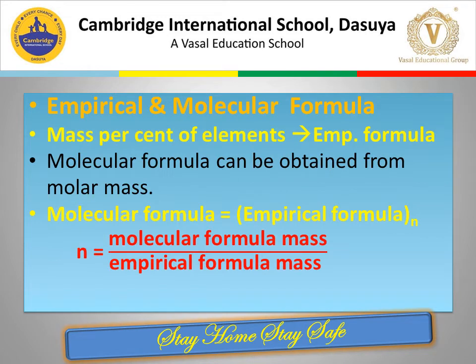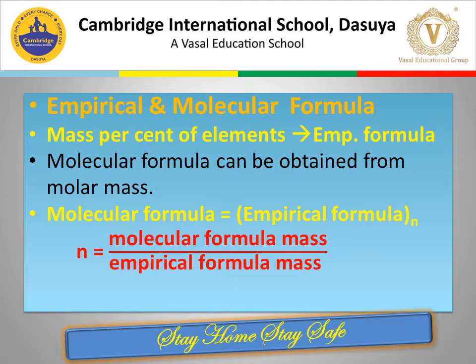Now let us see how we can find out the empirical and the molecular formula. If we know the mass percentage of different elements present in a given compound, then we can easily find out its empirical formula. Further, if we know the molar mass of the compound, then we can find out the exact molecular formula also.